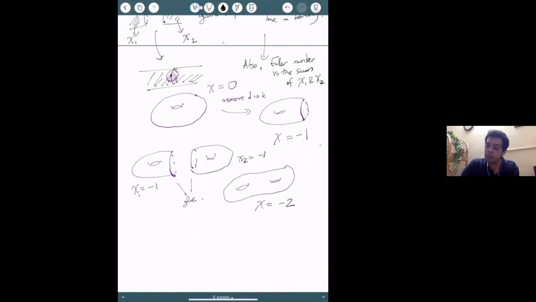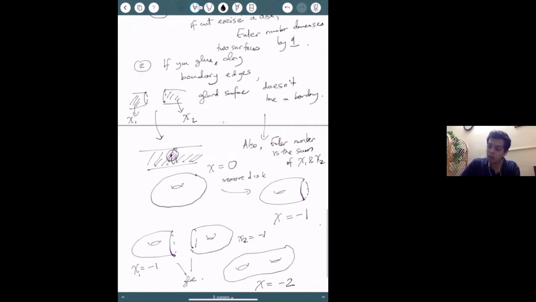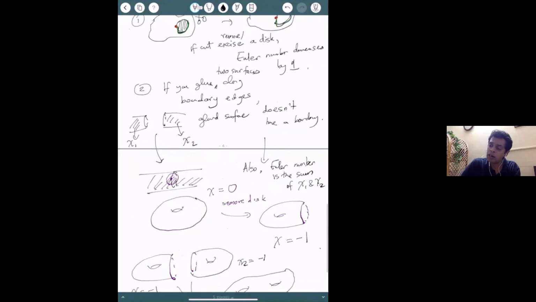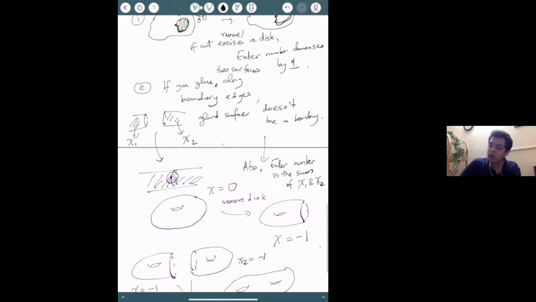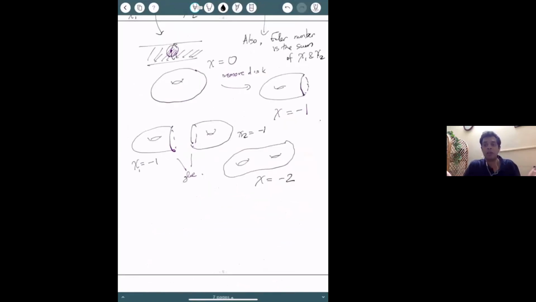And you might worry about whether it's orientable or not. It turns out that since I started with the torus, which has no Mobius strip on it, when you remove a disk, it will still not have a Mobius strip. You glue it as shown here. You don't have to introduce any flips or things like that. Then you actually get an orientable surface.